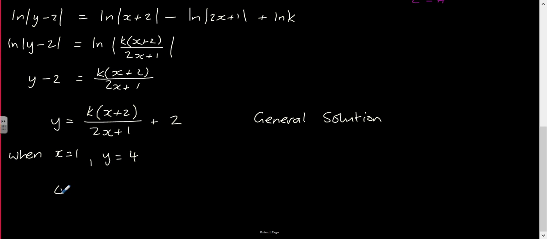So that means 4 equals k multiplied by (x+2), so 3, divided by 2 lots of x plus 1, which is 3, and then plus 2. So 4 is just equal to k plus 2, so therefore k equals 2. Let's just check we got that right. 1 plus 2 is 3, 2 times 1 plus 1 is 3, then 2. So we've got k equals 2.